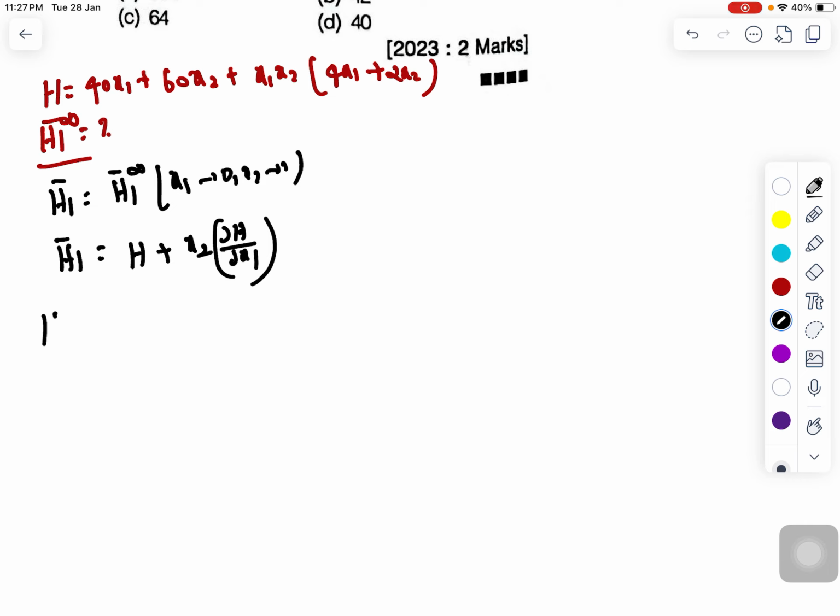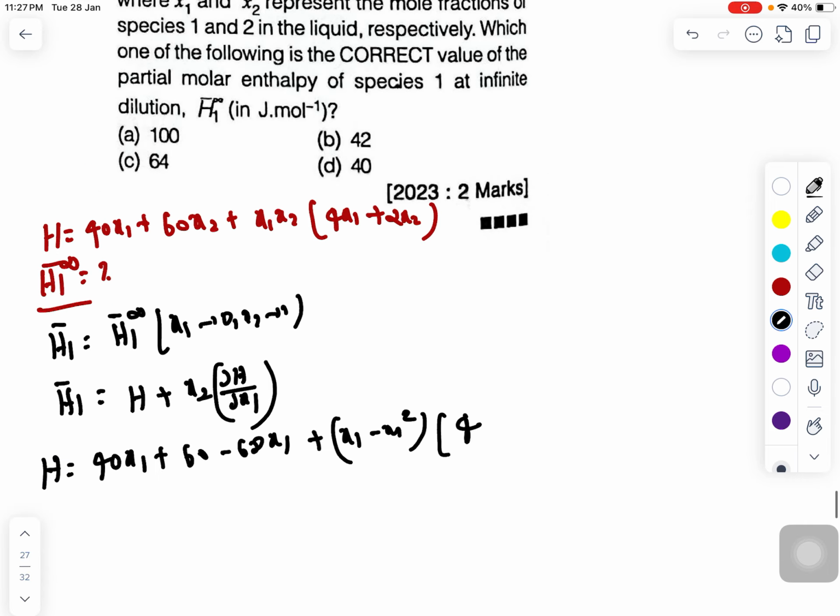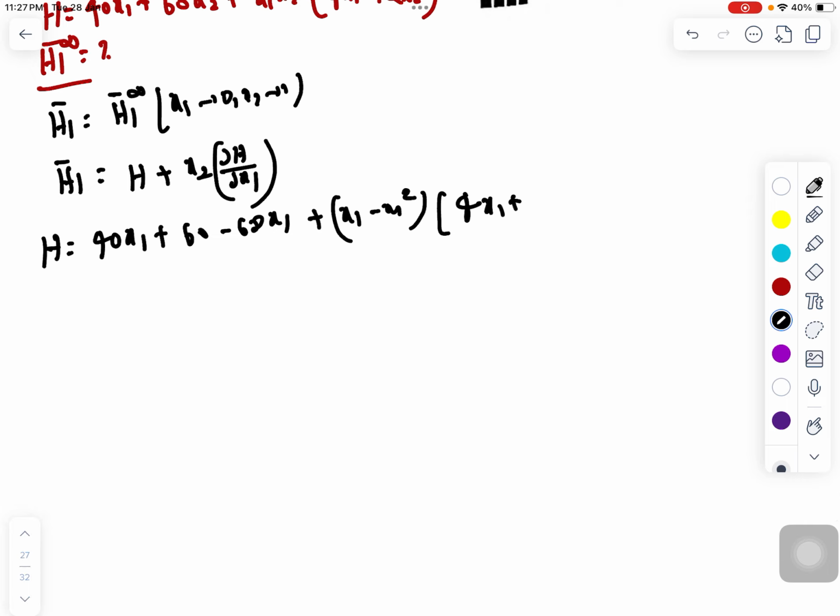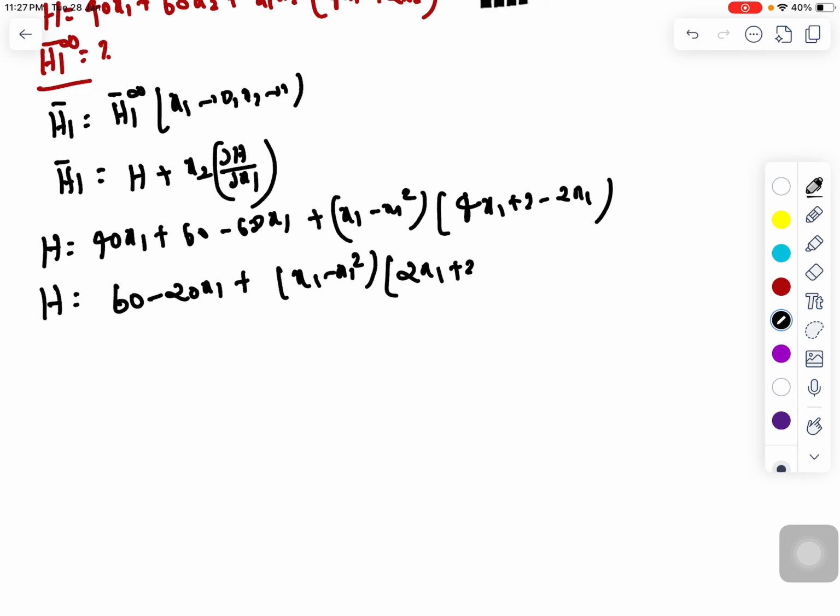Since you are given h equal to 40x1 plus 60 minus 60x1 plus x1 minus x1 square, and again 4x1 plus 2 minus 2x1. I have just converted all the terms in terms of x2 into x1. So 40 minus 60, so 60 minus 20x1 plus x1 minus x1 square, and obviously 2x1 plus 2.